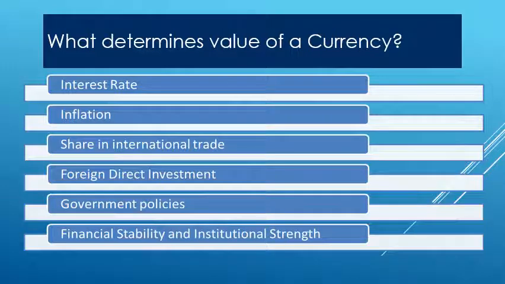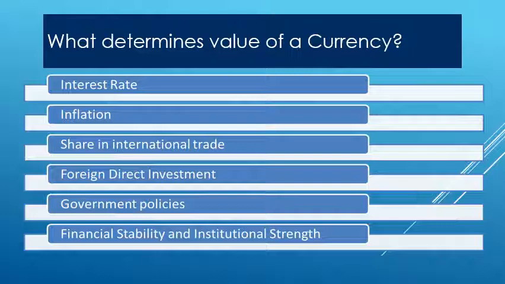In the international market, if interest rates in a particular country are higher than the other country, and if there is a free flow of money, the money should ideally move from those countries which have lower interest rates to the countries which have higher interest rates. That's the first factor.